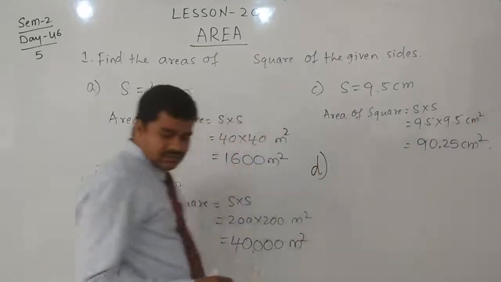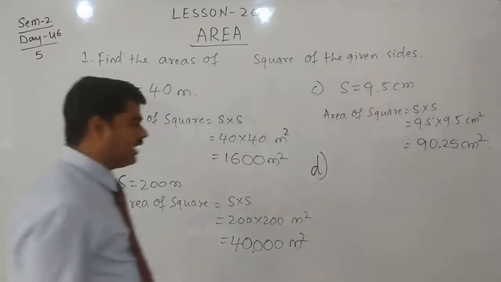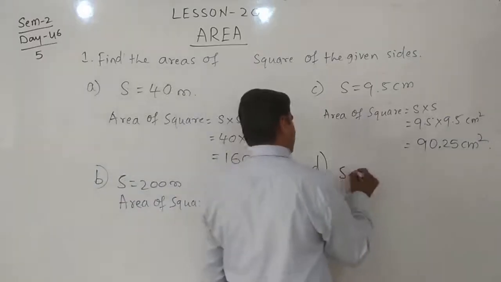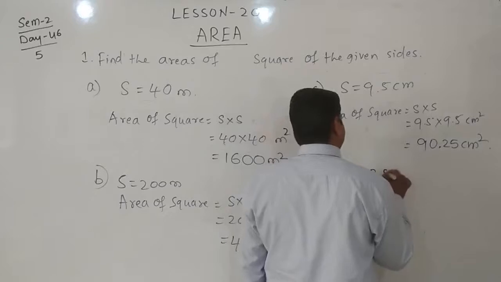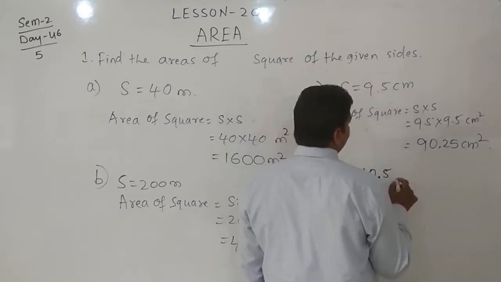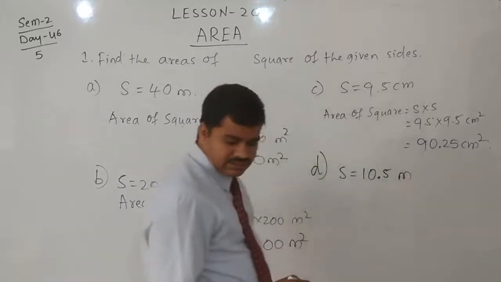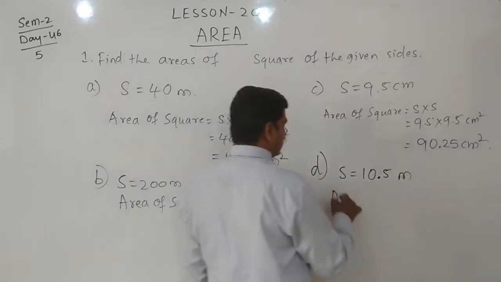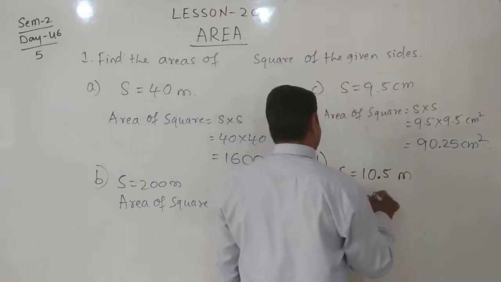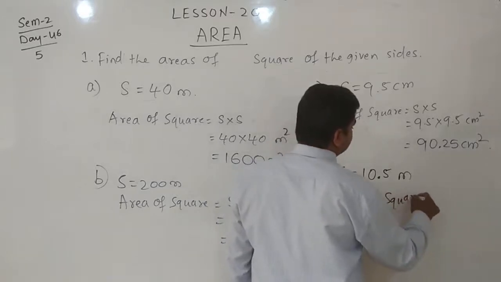Next, S is equal to 10.5 meter. Then we can find its area. Area of square is equal to what?